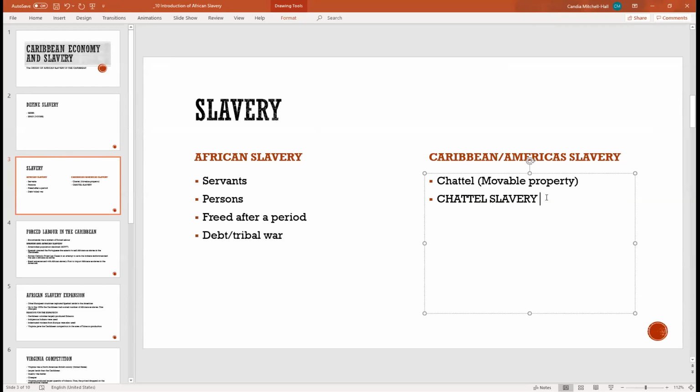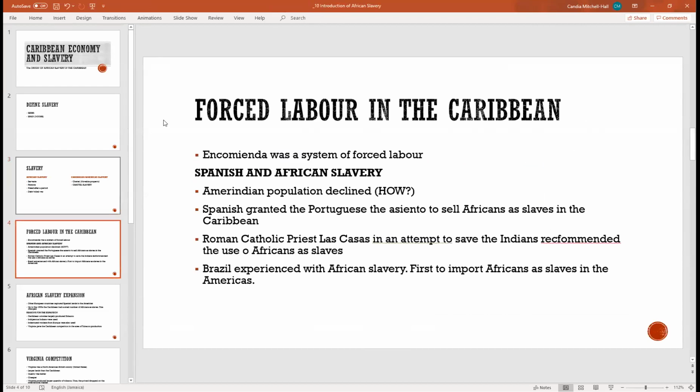And so they use them for forced labor. But I'm going to go into this a little later on in the lesson. For now, I want to look at the different forced labor systems in the Caribbean.